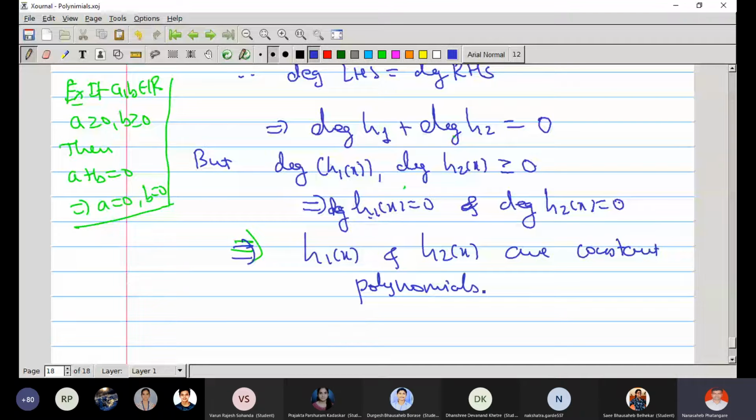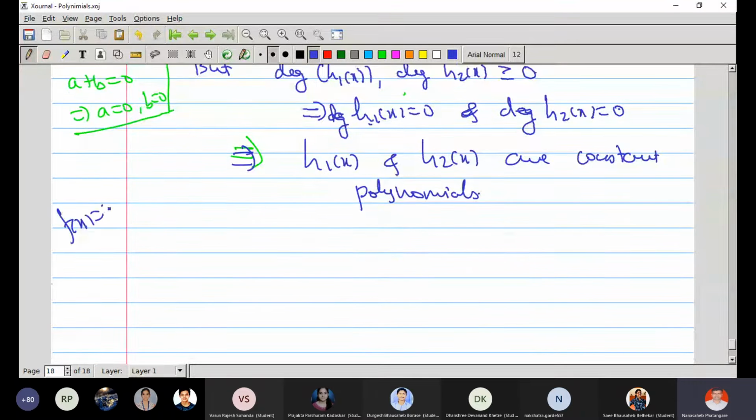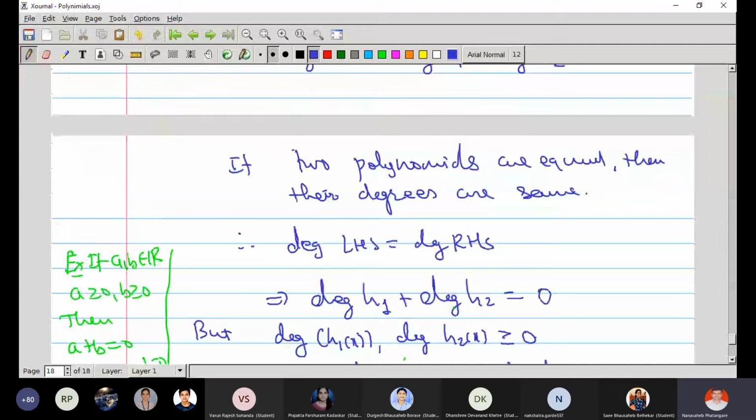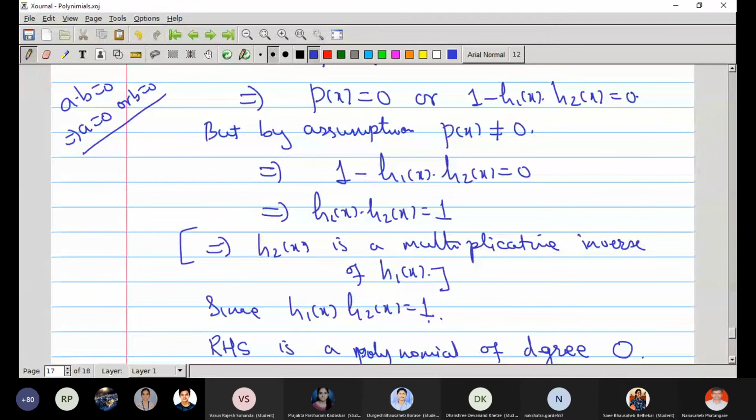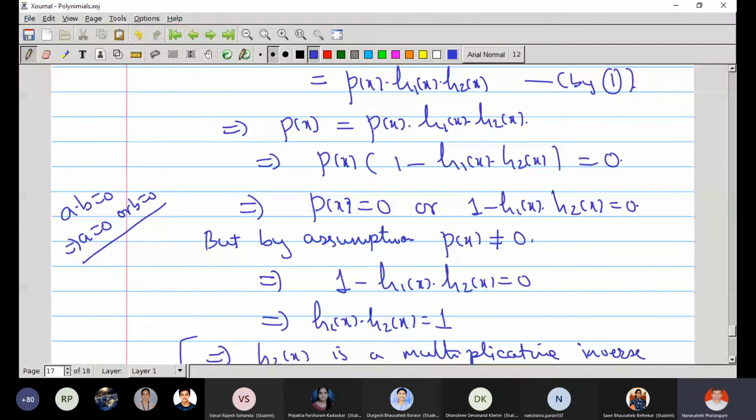If degree is 0, it means it is a constant polynomial, like f(x) is equal to 3, because it is 3 into x raised to 0, no higher degree terms, so constant. Therefore, by our previous discussion, what is p(x)? q(x) is h1 times p(x).